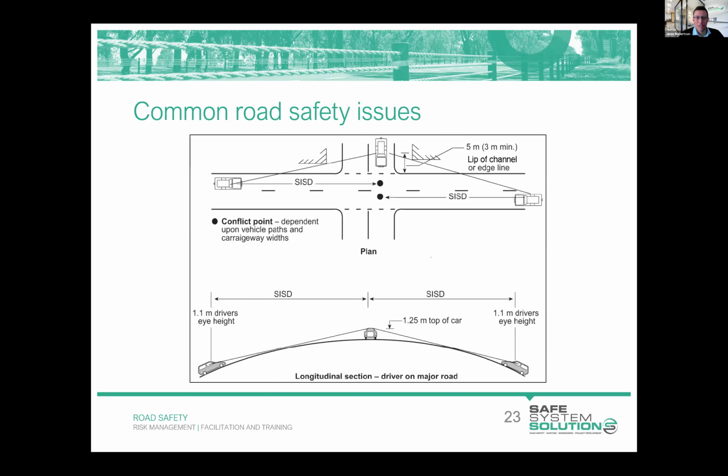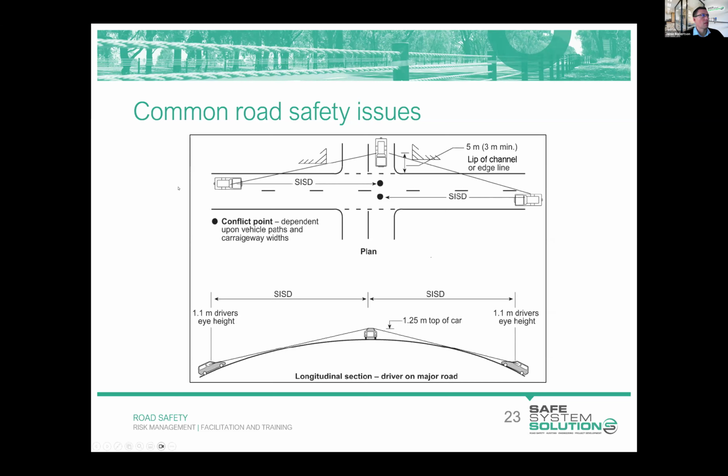So, yes, safe intersection sight distance is one of the many sight distance requirements that we have. One of the key differences between the different sight distances is the height from which we're measuring from and to. Safe intersection sight distance is intended to give enough time for a driver approaching on a main road to see a vehicle enter an intersection from a side road or an access, perhaps stall or stop for some reason in this conflict area.